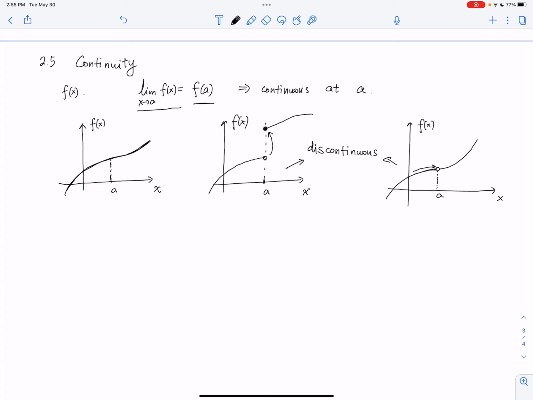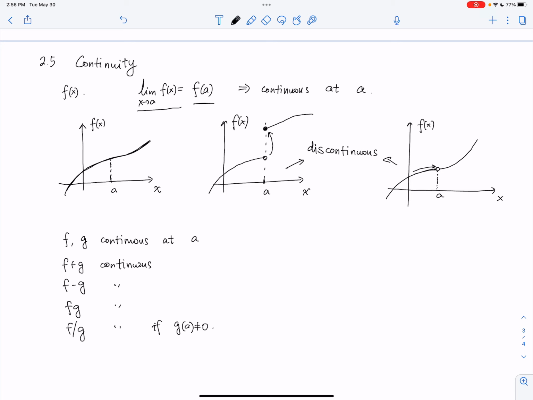For example, if f is continuous and g is continuous at some point A, then f plus g is continuous. f minus g is also continuous, and f times g is continuous, and f divided by g is also continuous if g(a) is not 0 at this point, because we always require the denominator cannot be 0 if you do a quotient. So that's that.